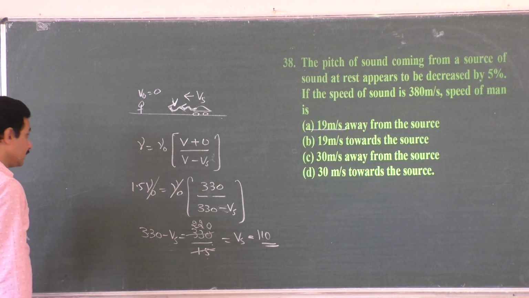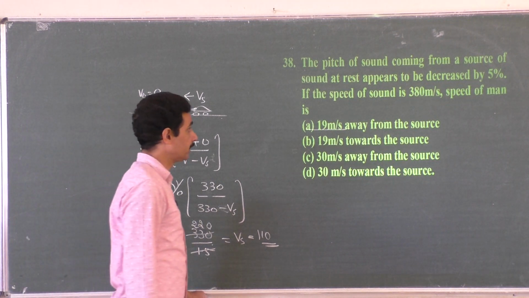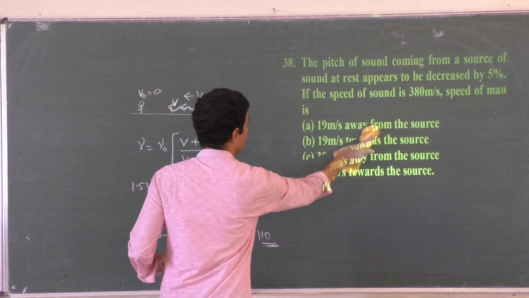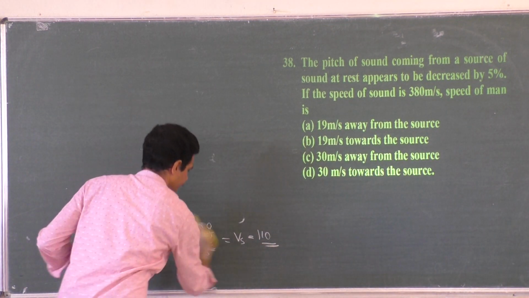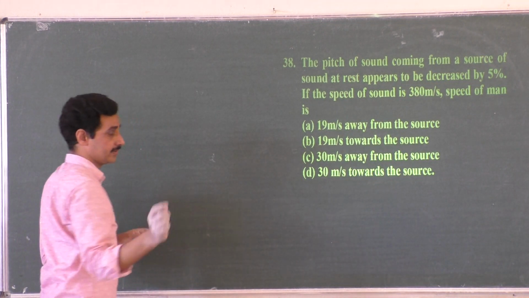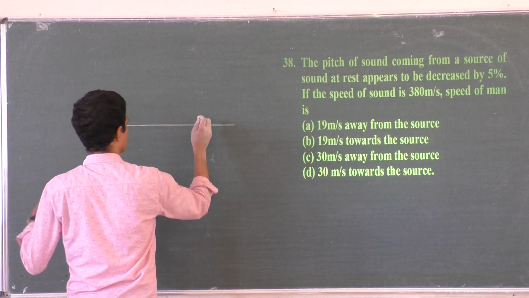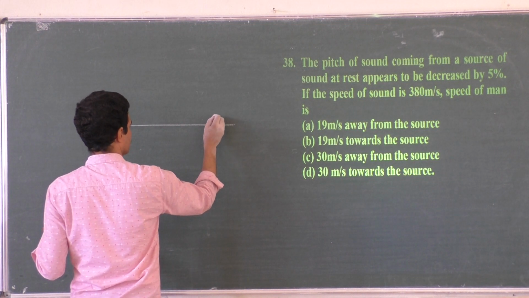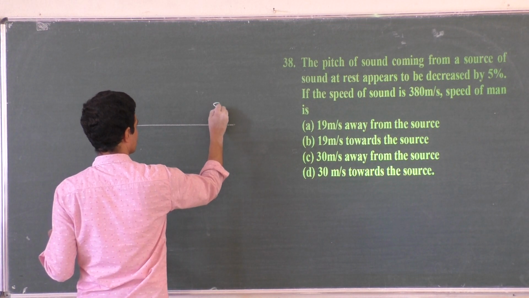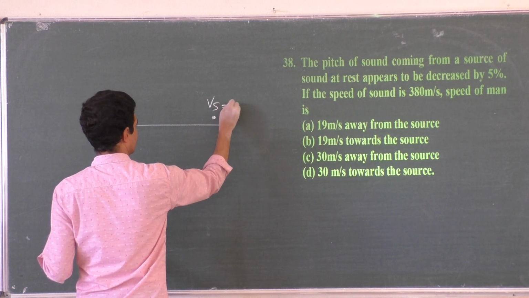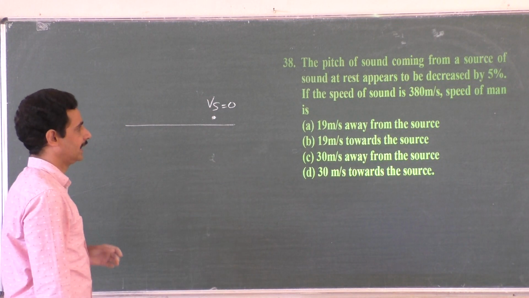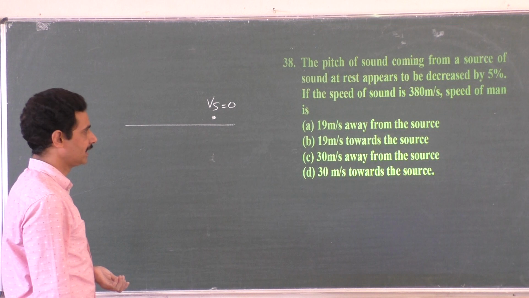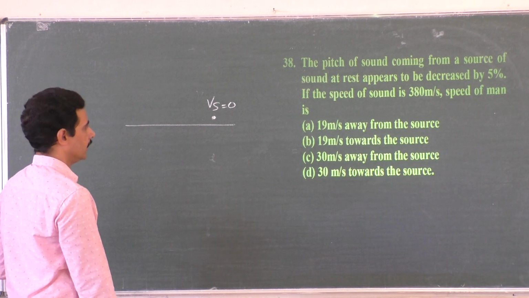38. The pitch of a sound coming from a source of sound at rest. Pitch means frequency. The pitch of a sound coming from a stationary source. So I will write this as source, Vs. The source of sound at rest appears to be decreased by 5%.